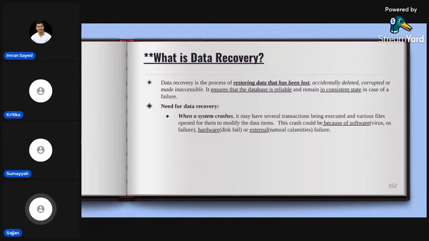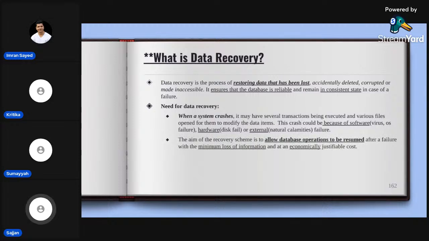The crash could be because of software virus, OS failure, hardware disk fail, or external natural failure. The aim of the recovery scheme is to allow the database operation to be resumed after a failure with a minimum loss of information and at an economically justifiable cost.